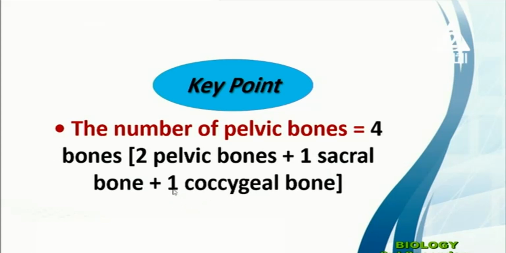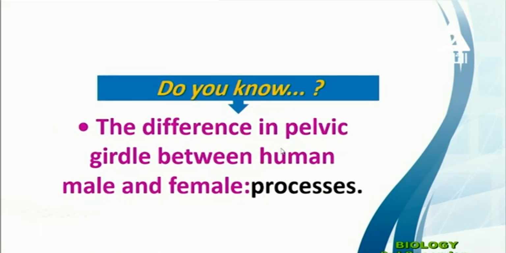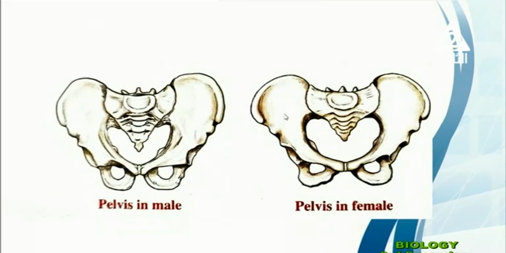In the female, the angle is wider to facilitate pregnancy, while in the male, sure, there is no pregnancy, so the angle is smaller. Bones in the male are stronger, while bones in the female are weaker.